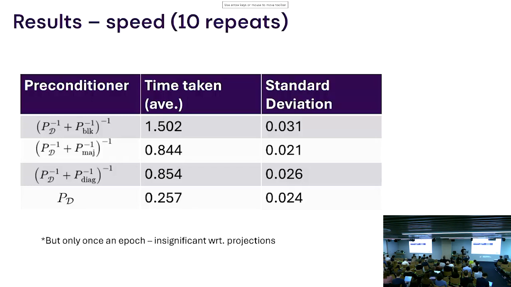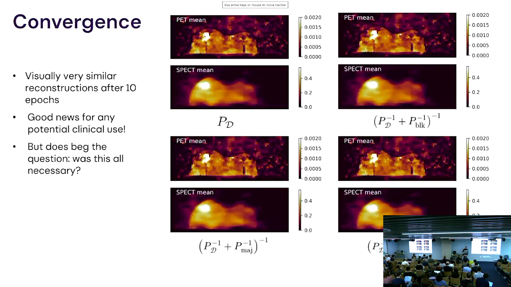This involves finding the inverse of the 2x2 matrix at every single voxel, and so you can see it takes about 6 times as long to do. But we only update this once per epoch, and compared to forward projections with PET and SPECT, it's pretty insignificant.